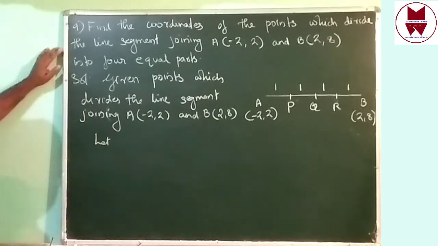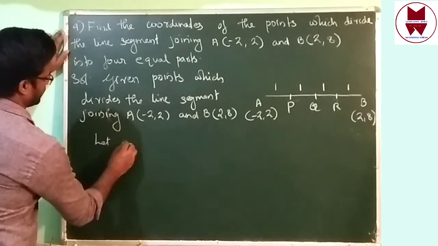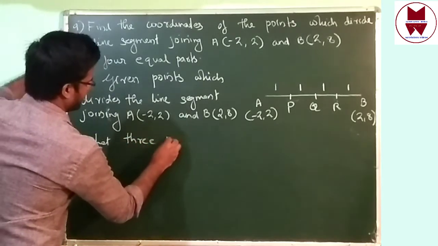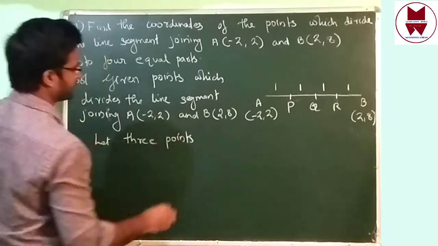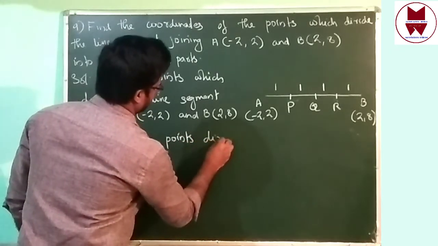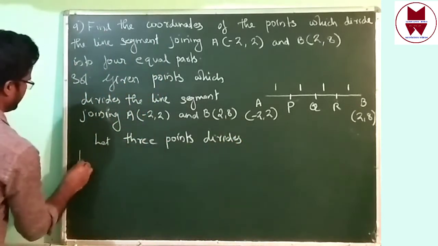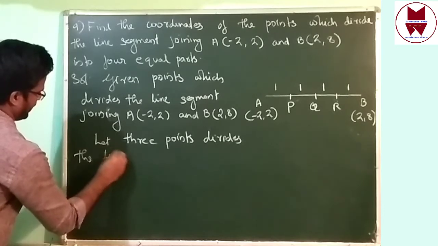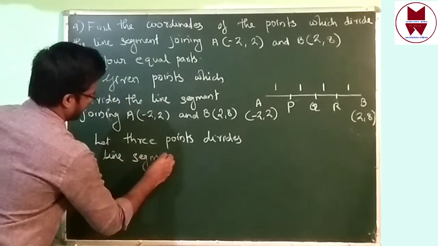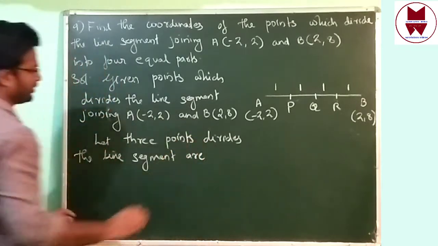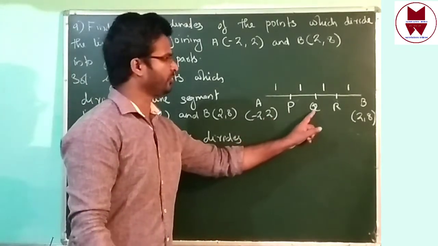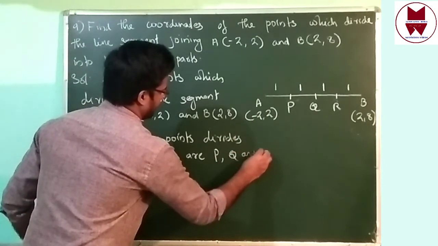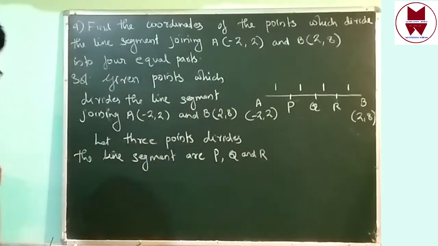Let three points divide the line segment. We took 3 points. Which are the points? That P, Q, R, isn't it? P, Q and R.